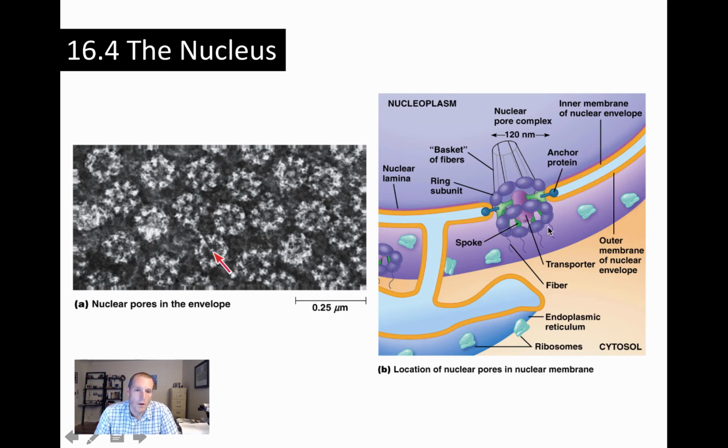If we look at these in an artistic rendition, we see that there are a number of these proteins, called nucleoporins, and there is a structure called a basket, and then there is a central transporter which is going to move material into and out of the nucleoplasm. So that's the overall structure.